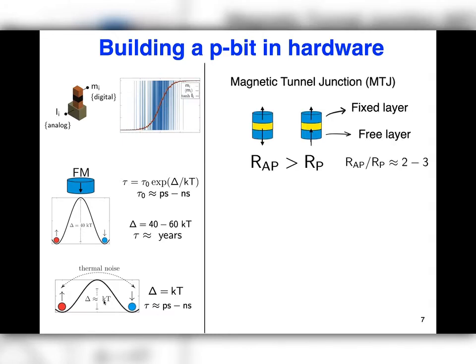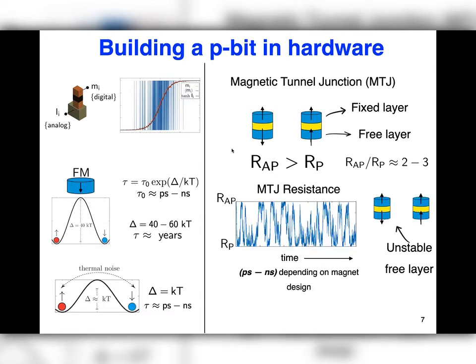Now, this audience needs no introduction to this device, but we have this device called the magnetic tunnel junction, which really turns those magnetic fluctuations into resistance fluctuations, okay? Depending on the orientation of your magnets. If you fix one of your magnets, for example, you can get these resistance fluctuations.